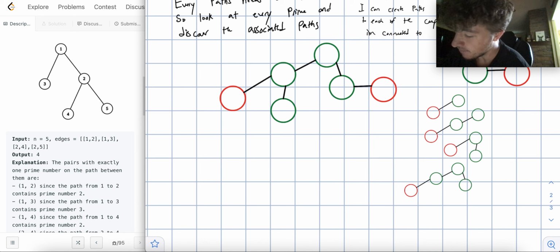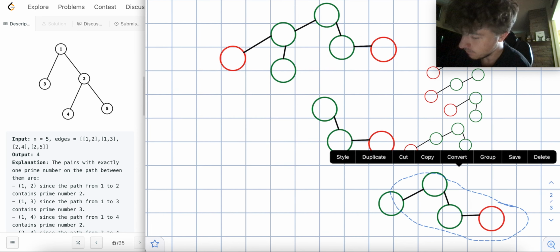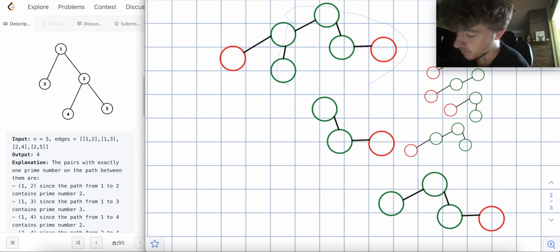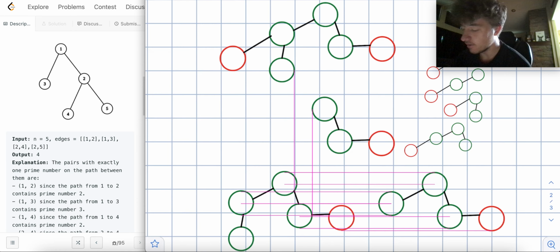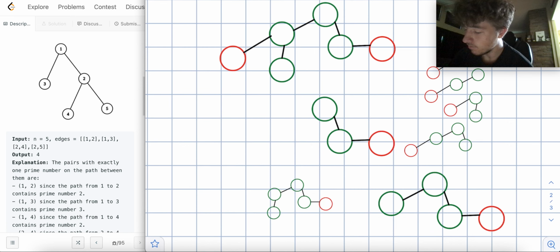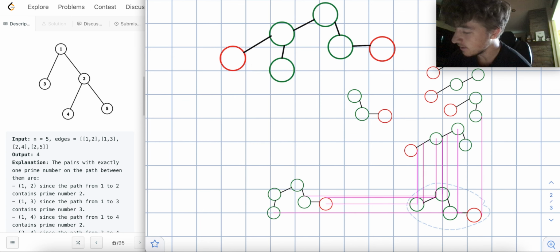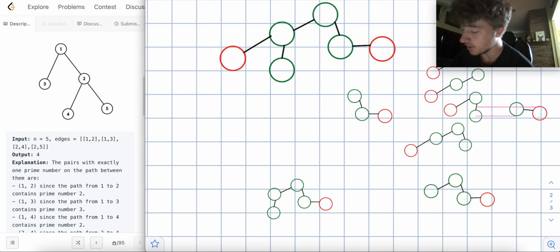I can create a path for this. I can create a path for this. I can create a path for this. So they can also create 4 paths. Okay, now this might seem kind of silly while we're doing this right now, but it's going to indicate something about the solution here.